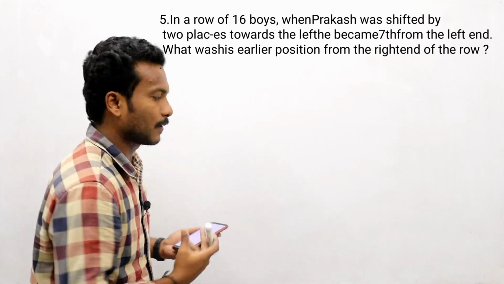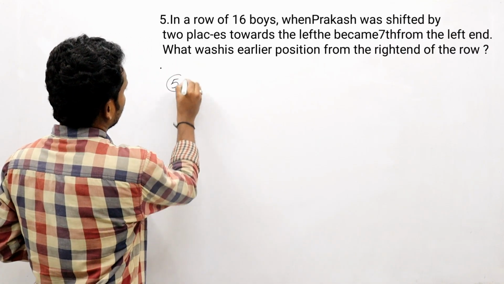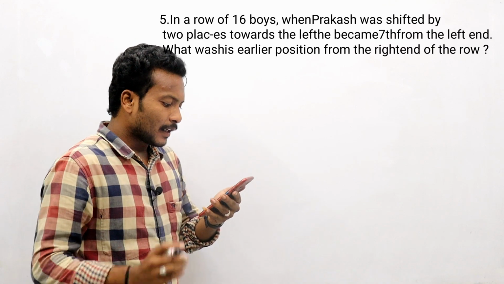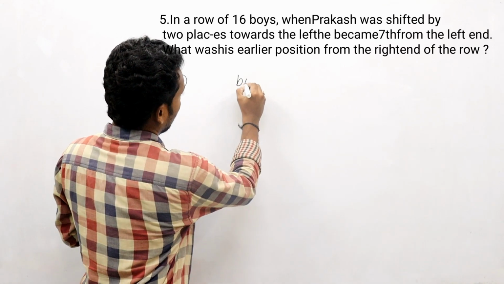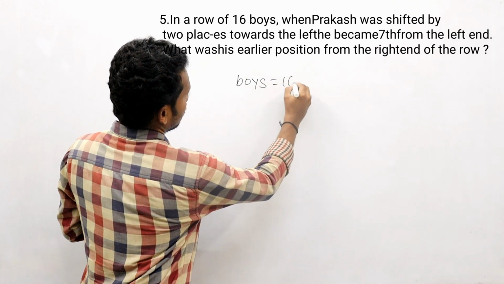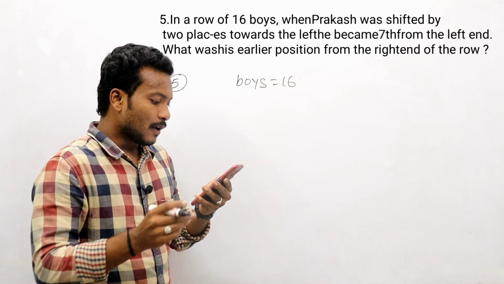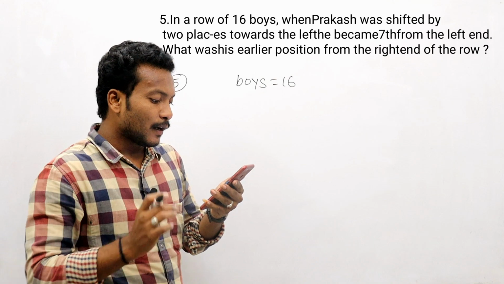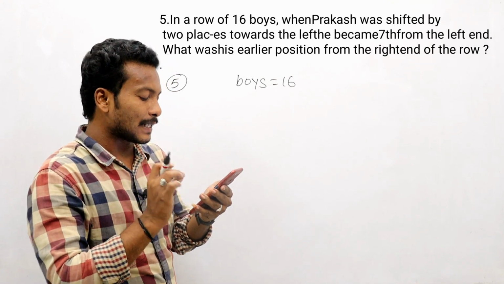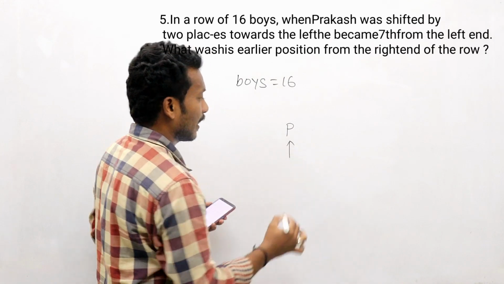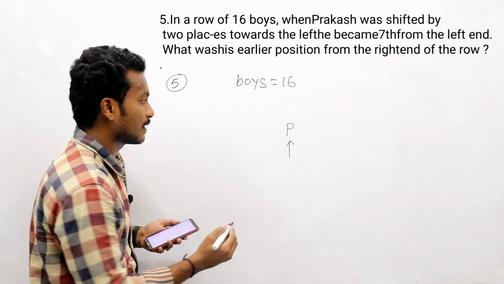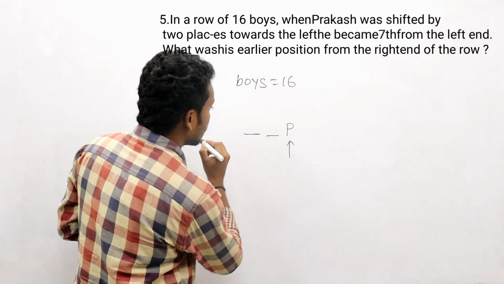Next, fifth question. In a row of 16 boys, the total number of boys here is 16. When Prakash was shifted by 2 places towards his left. First of all, I am taking Prakash here, facing this side. Now shifted 2 places, this is the first place and this is the second place.